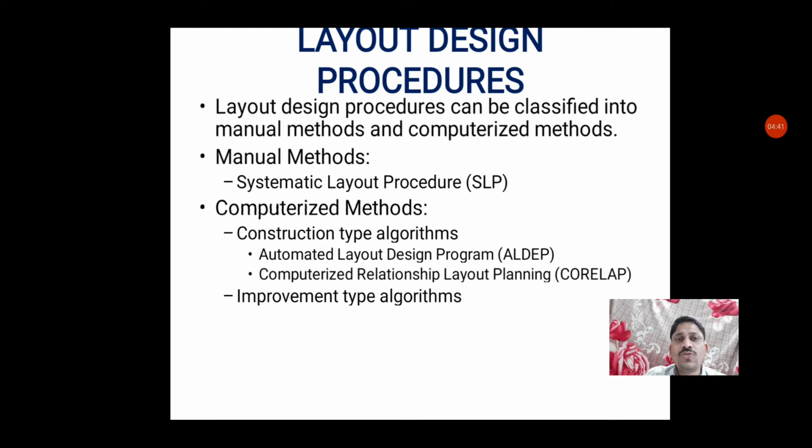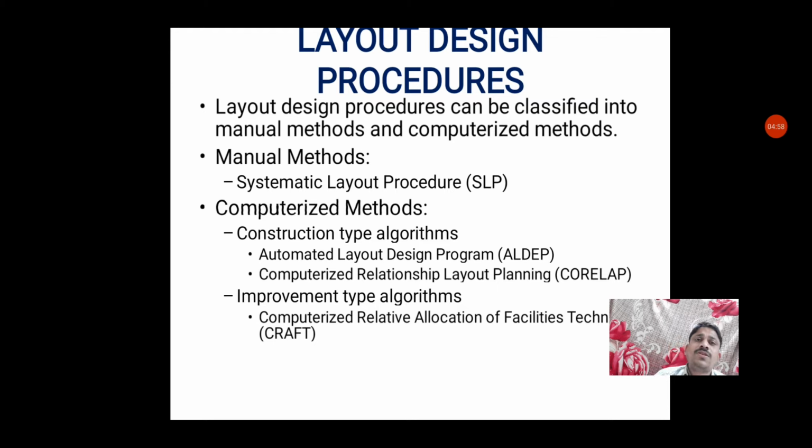There is also one improvement type algorithm, which is called computerized relative allocation of facilities technique, or CRAFT for short. The ALDEP and CORELAP are construction type algorithms, and CRAFT is an improvement type algorithm.